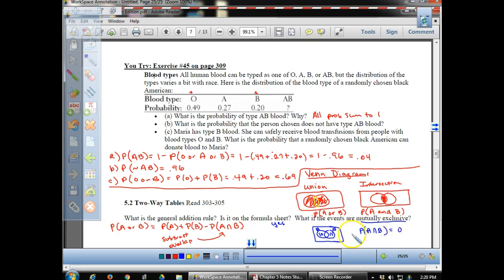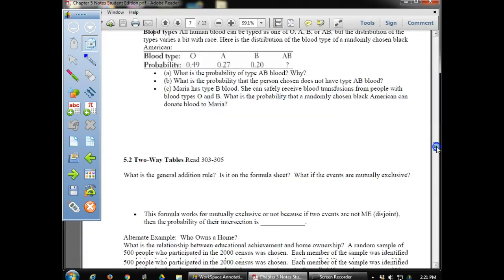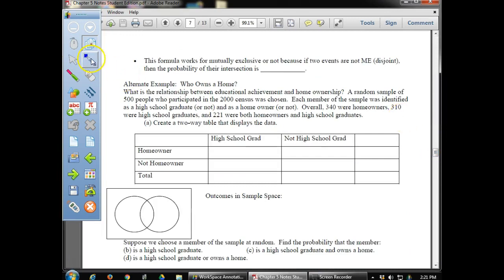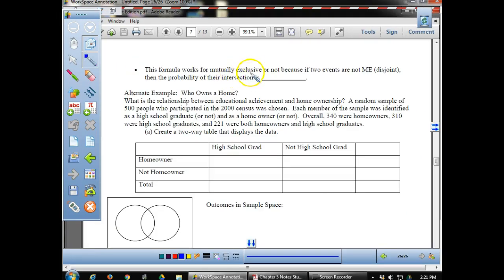There'll be no shared elements. Now, the formula here works for mutually exclusive or not, because if two events are mutually exclusive, then the probability of their intersection is 0. So we've discussed that a couple times now.